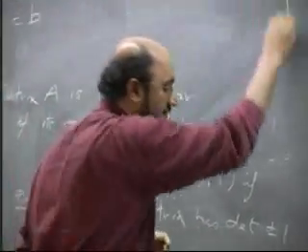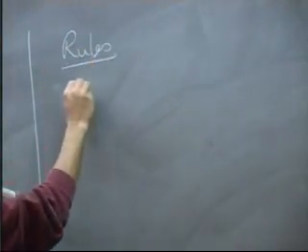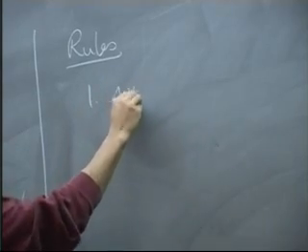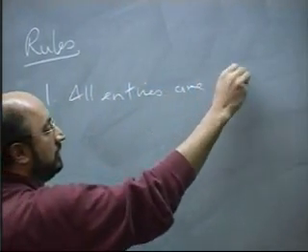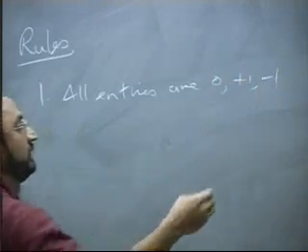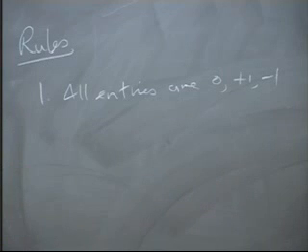Now, in practice, what you actually do is use 3 rules for total unimodularity. It's much easier to use these rules. The first rule is all entries are either 0, plus 1, or minus 1. So if any entry is not 0, plus 1, or minus 1, you're out of luck.